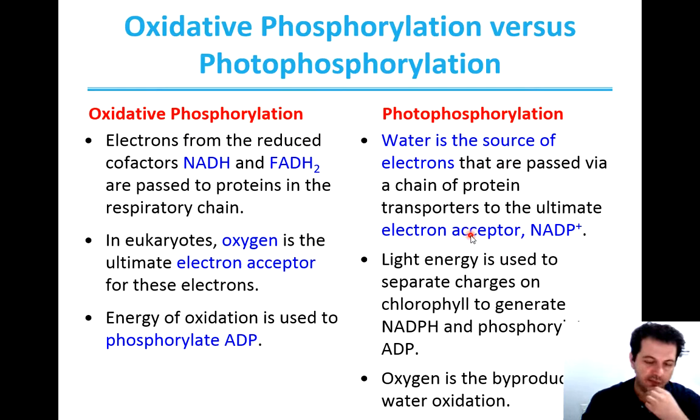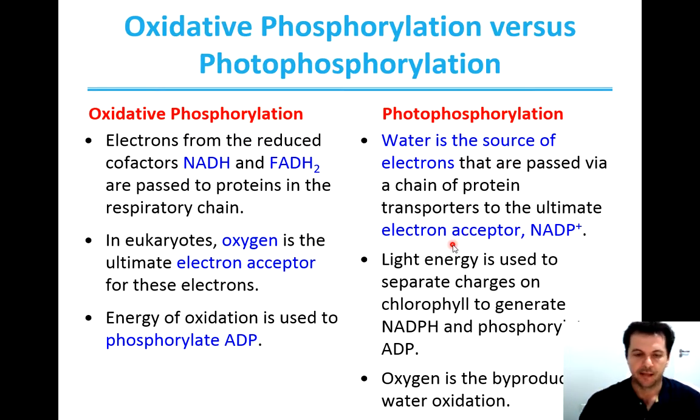At the end, you have two common mechanisms, which is the proton gradient that is created across one membrane in the chloroplast and also in the mitochondria. But the difference is what releases these electrons, what releases these protons.